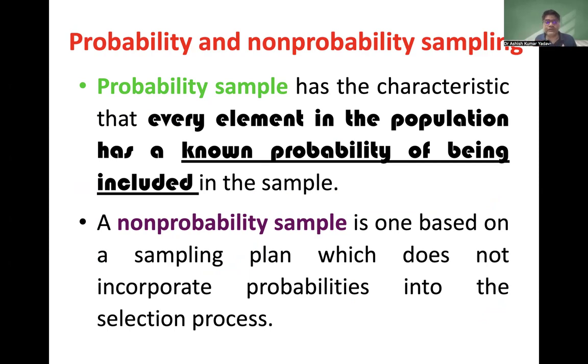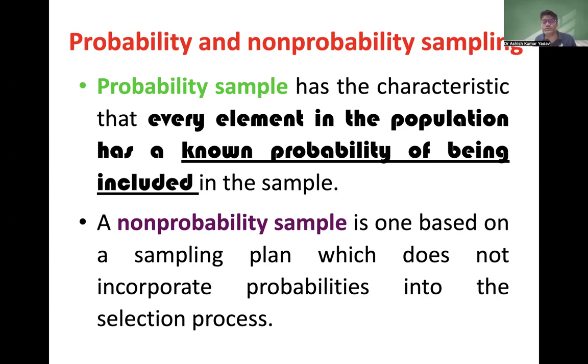If you are selecting the study units in your sample such that every element you choose has a known probability of being included in the sample, then the sampling process is called probability sampling. Whereas a non-probability sample is one based on a sampling plan which does not incorporate probabilities into the selection process.